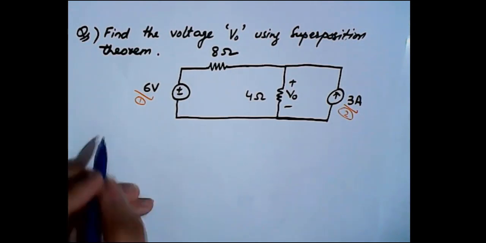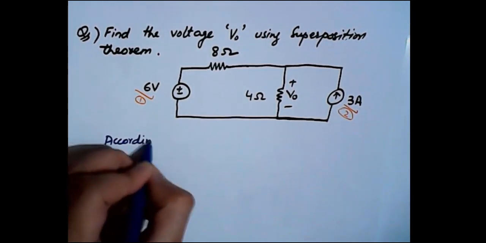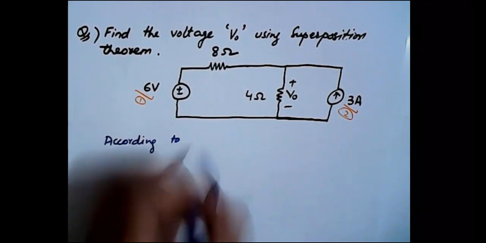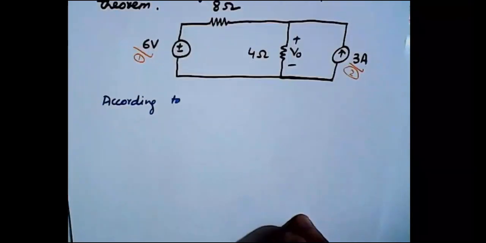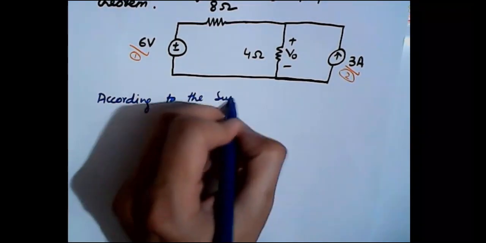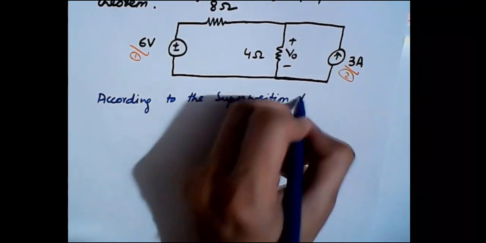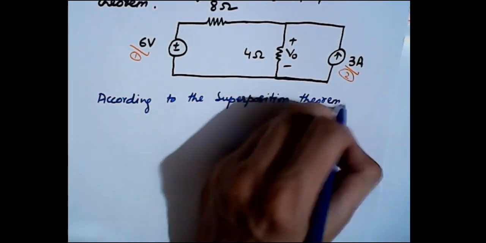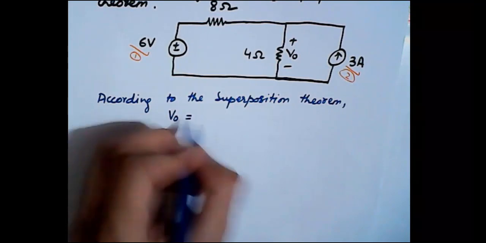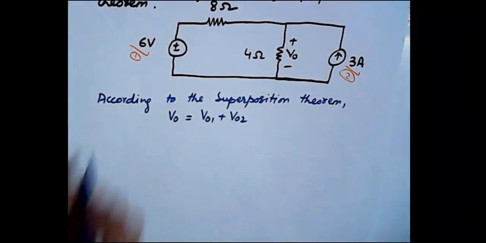So first we will write, according to the superposition theorem, V0 is the sum of V01 plus V02, right?